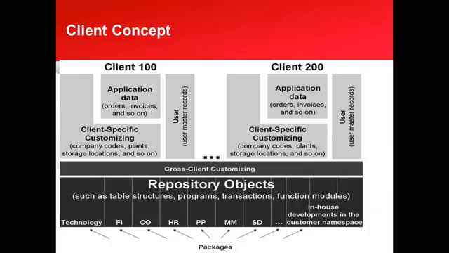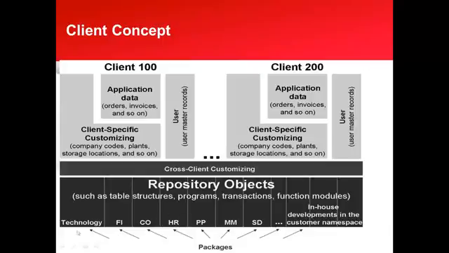And here in this figure I am showing two different clients, client 100 and client 200, and at the bottom you can see there is cross-client customizing. You have the repository objects, like tables, structures, programs, transactions, function modules, and you have the different modules like FI, CO, HR, PP, MM, SD.